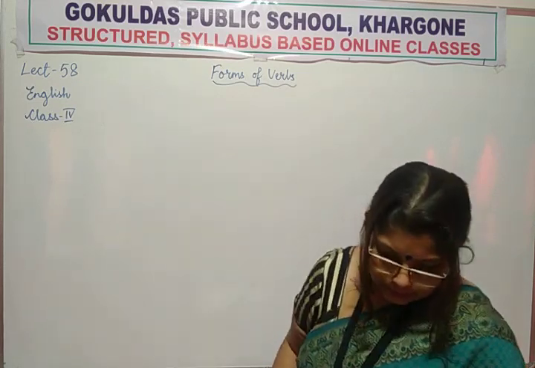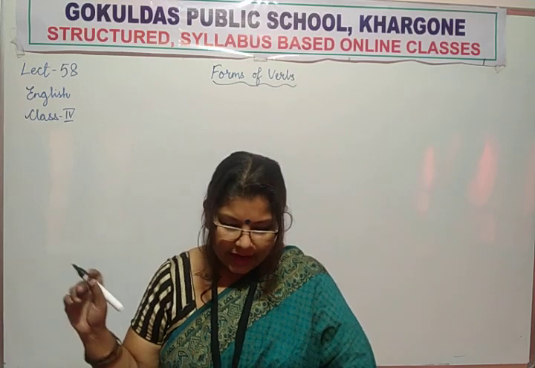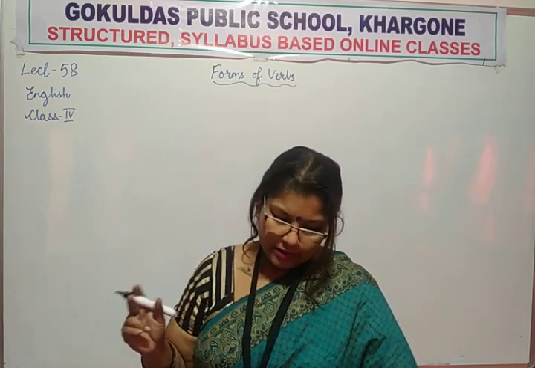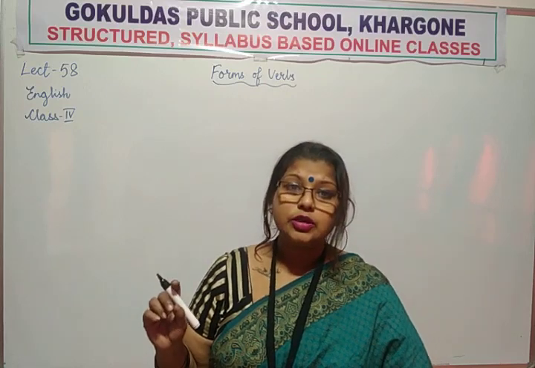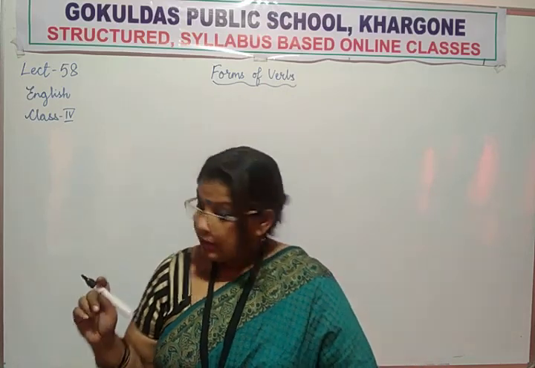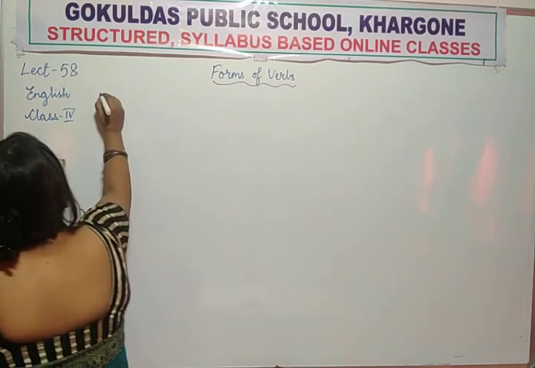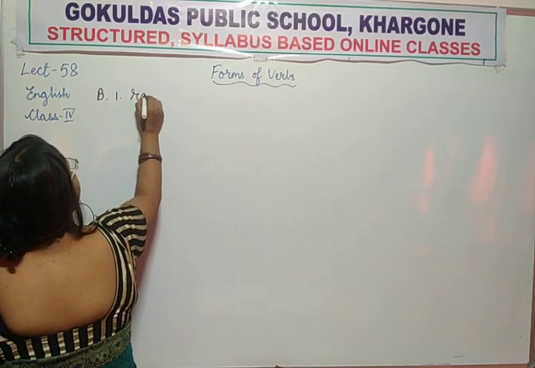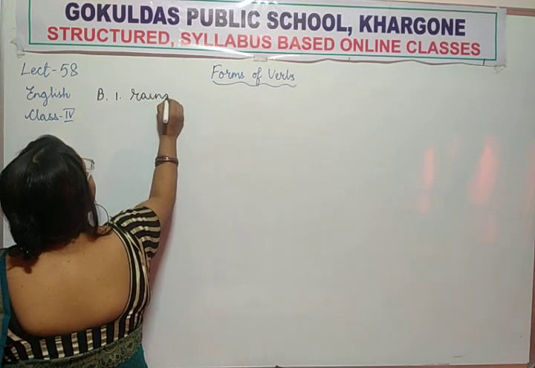Quickly. It is raining heavily. So rain becomes raining. Why raining? Because it is present tense. So B, 1, raining. Please write in the verb, blank.